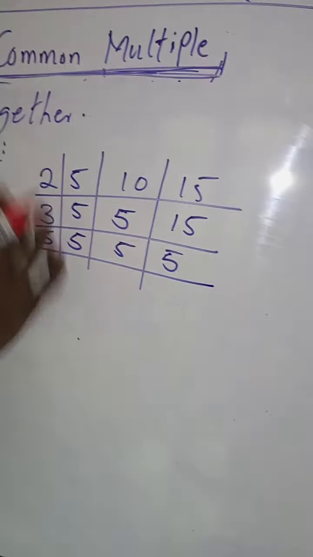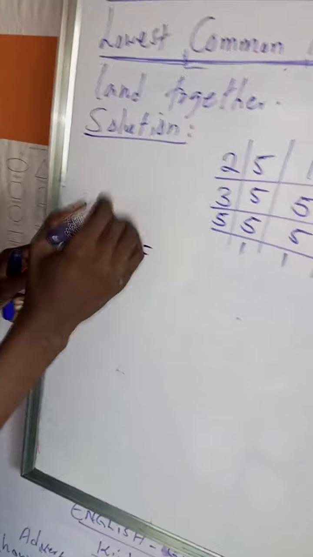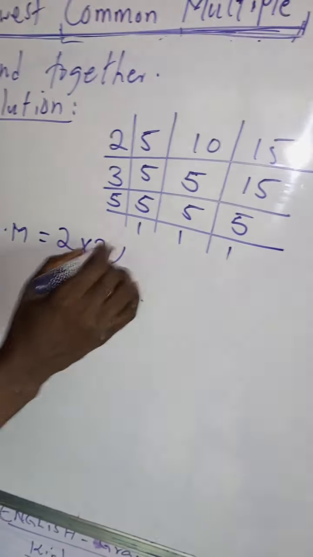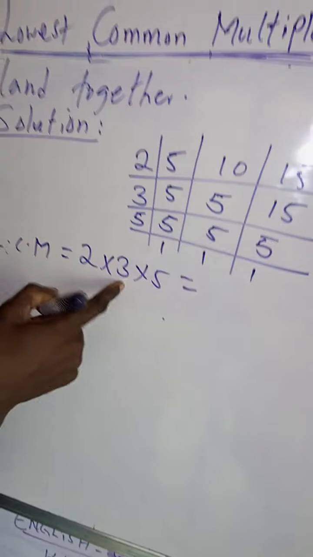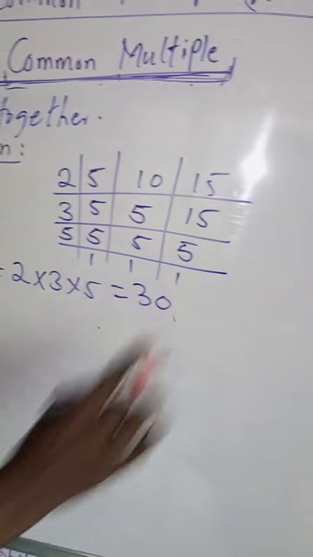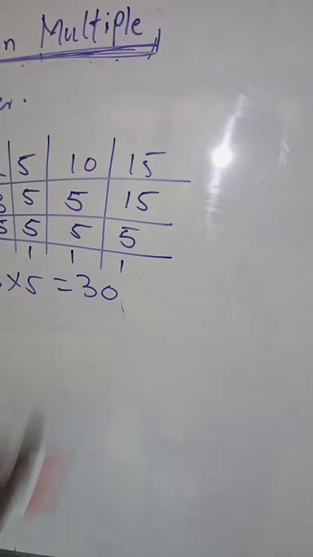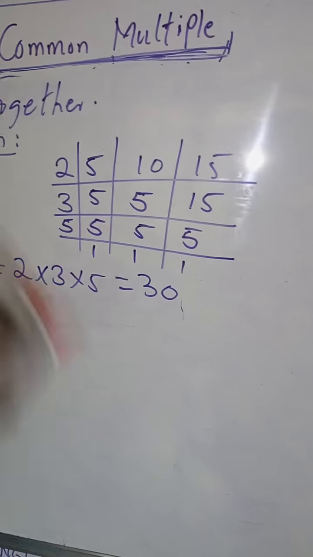There, my LCM will be equal to 2 times 3 times 5, and this one will be 6, that's 30. So I have not answered the question. I have just passed through the back door. Now let them see me inside.